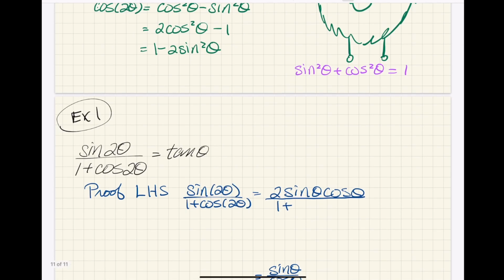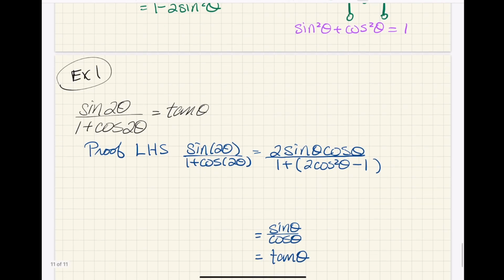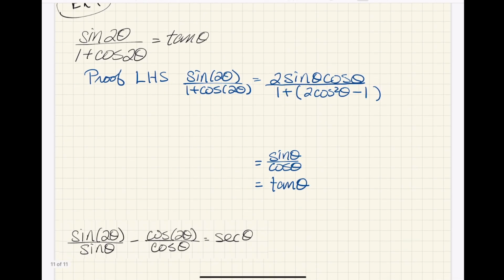So we're going to do the substitution where we have 1 plus, and now we substitute in what cosine of 2 theta is equal to, which is 2 cosine squared theta minus 1, which either you've memorized or you have derived for yourself as you do your homework, like I just showed you.